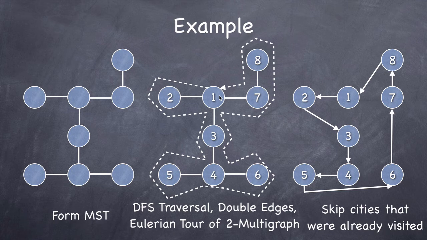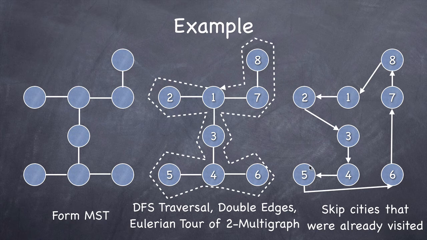And now obviously our goal was to find a way of visiting every city once, and we don't need to visit cities multiple times in between. So whenever we have seen a city already, we're just going to skip it. That means in our case we go from 1 to 2, and then we skip going back to 1 because we can immediately go to 3, and then we go to 4 and 5.